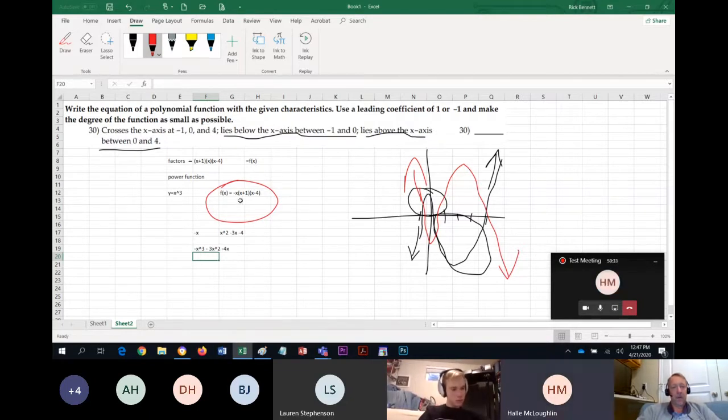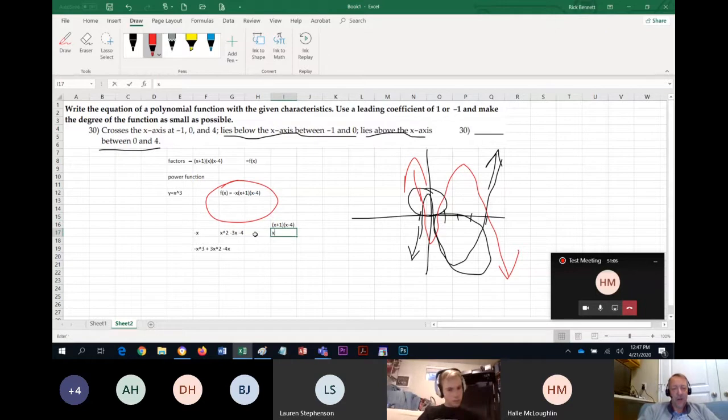No, because when you FOIL out the x plus 1, aren't you distributing in that negative x? You're right. Never mind. You're correct. That should be a plus. I was not paying attention. Wait, let me make sure I'm following this right. I did that in my head really fast.